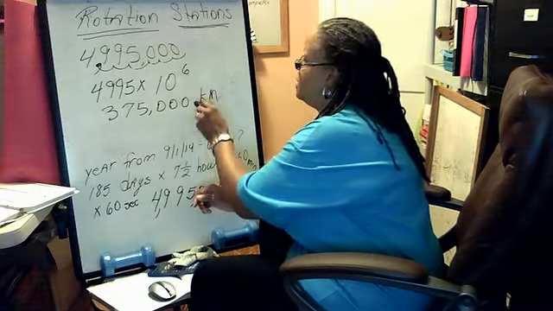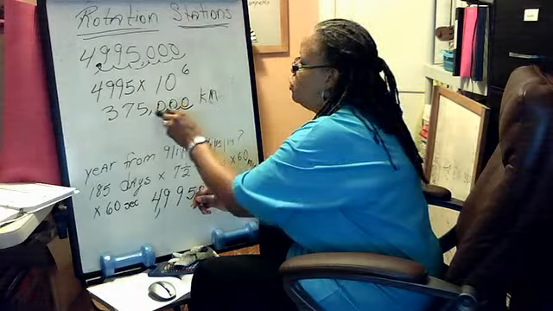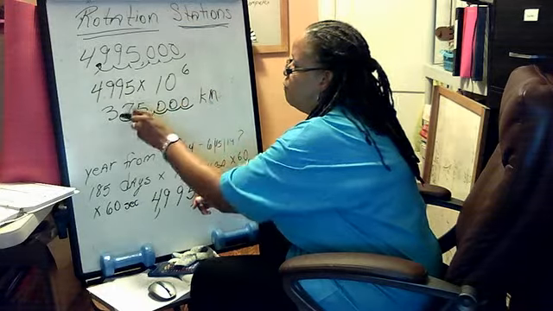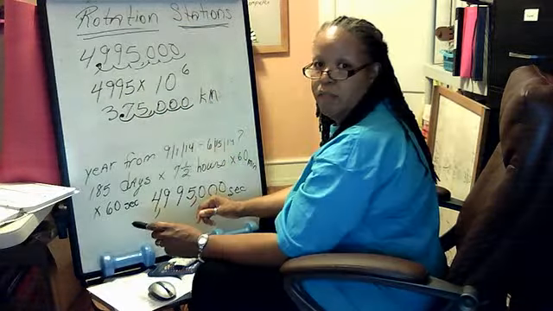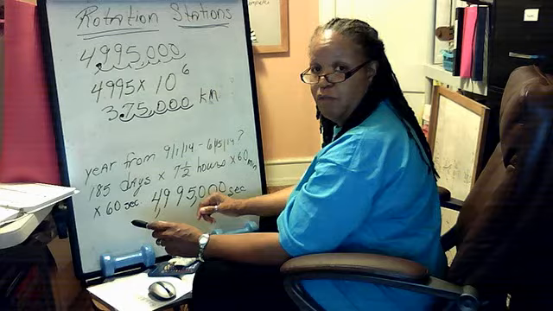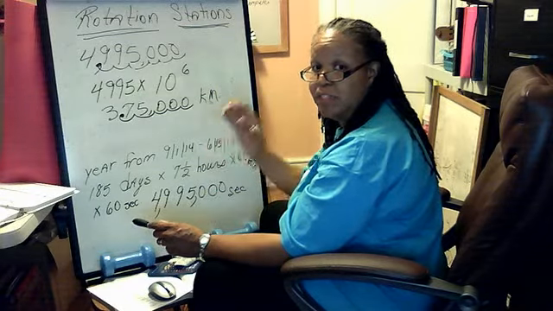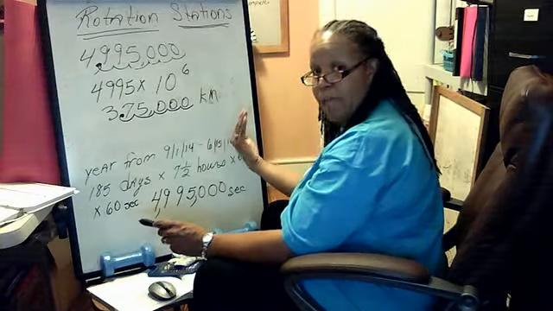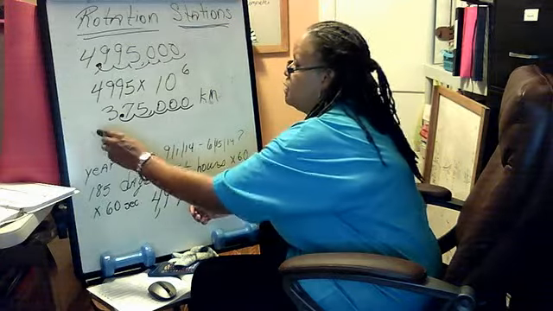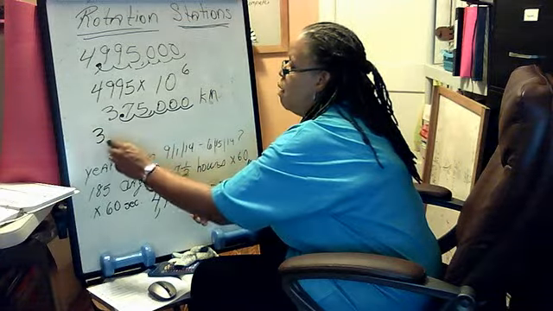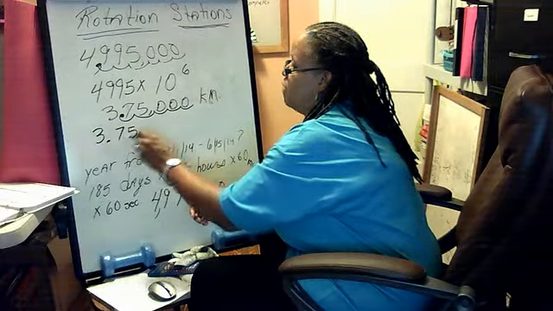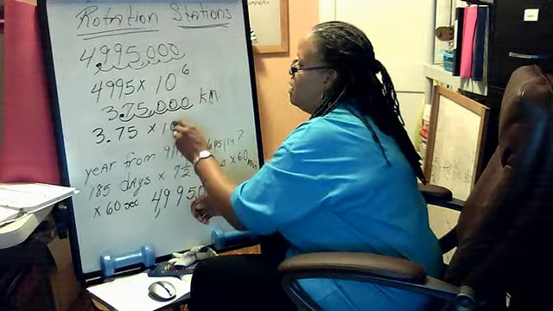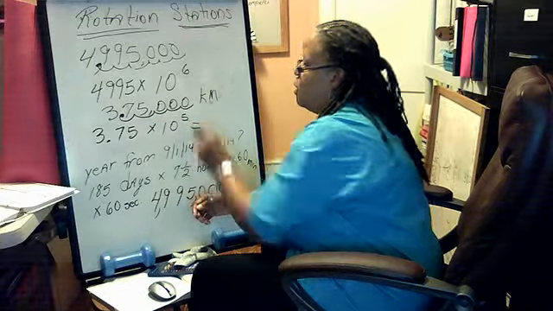So that means I move my decimal 1, 2, 3, 4, 5. Anytime you move your decimal 5 places, you need to have 10 to the 5th power to move it back. So let's put down 3.75 times 10 to the 5th power.